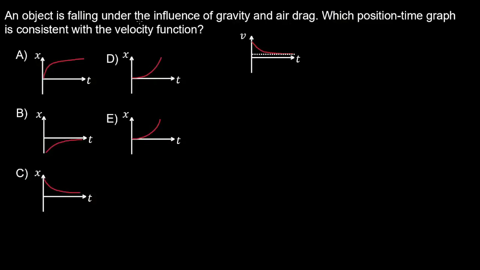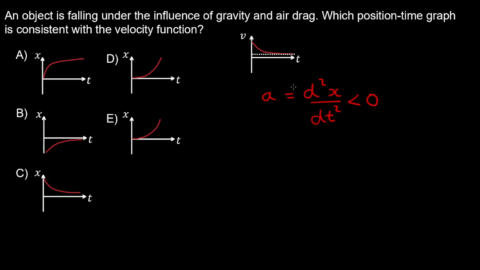An object is falling under the influence of gravity and air drag. Which position time graph is consistent with the velocity function? Well, here we can see the slope of the velocity being the acceleration, which is the second derivative of position with respect to time, is less than 0 and approaches 0.